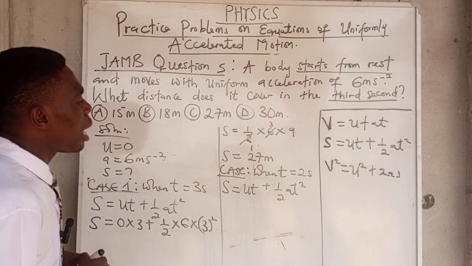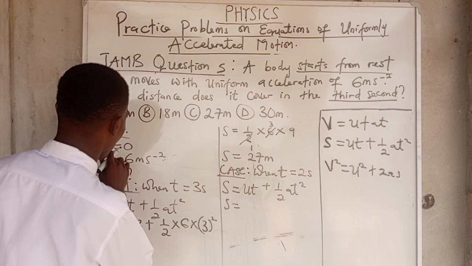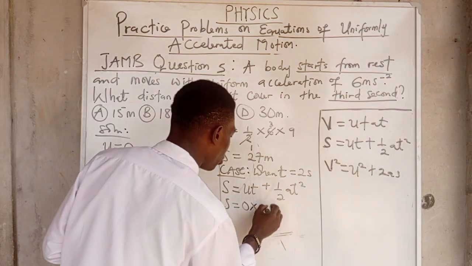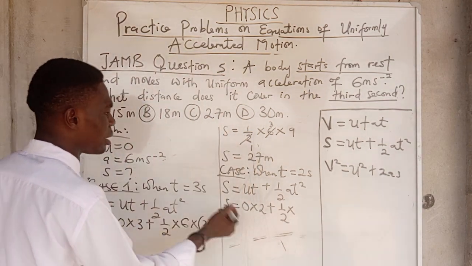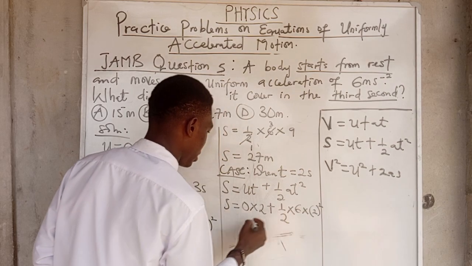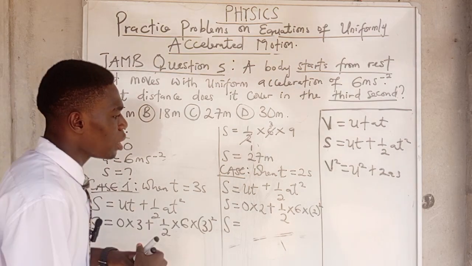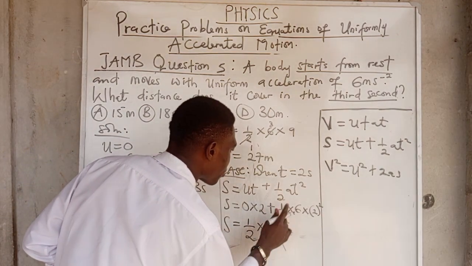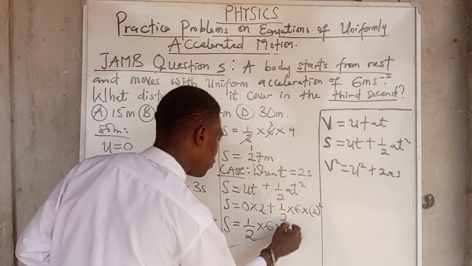Are we following now? And so S becomes equal to, U remains 0 because it starts from rest, times our time in this case 2, plus half times, what was our A, 6, then times 2. Now T becomes 2, and is squared. So S is equal to 0 because 0 times 2 is 0, and so we have half times 6, then times 2 squared is 4.